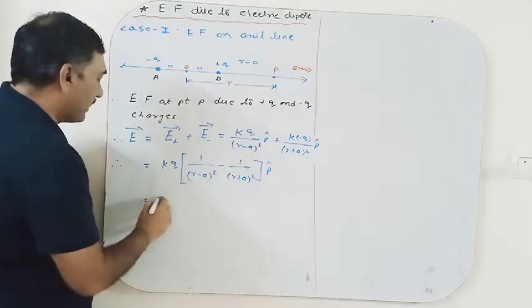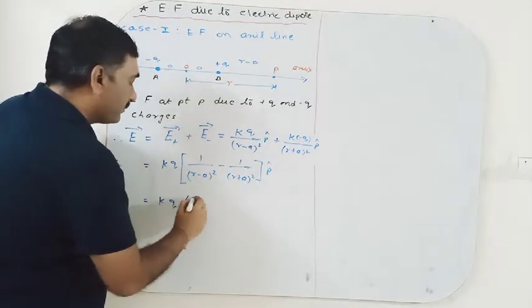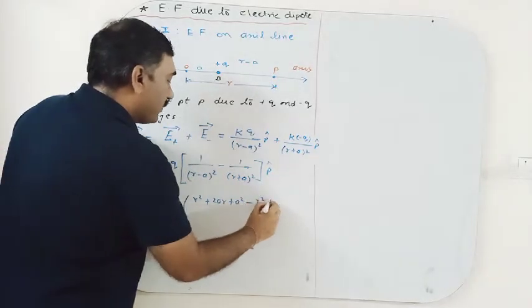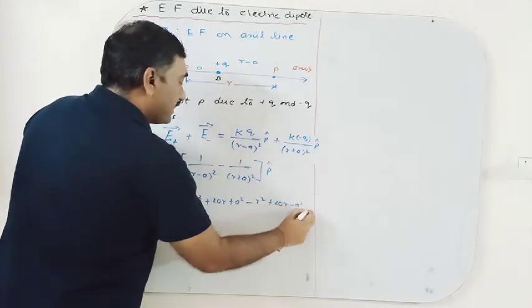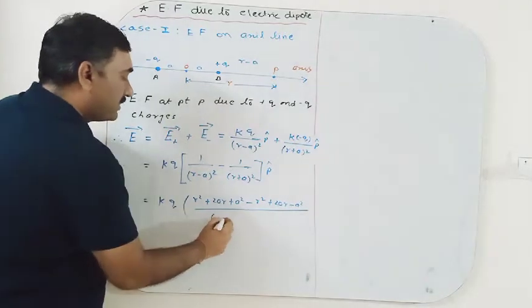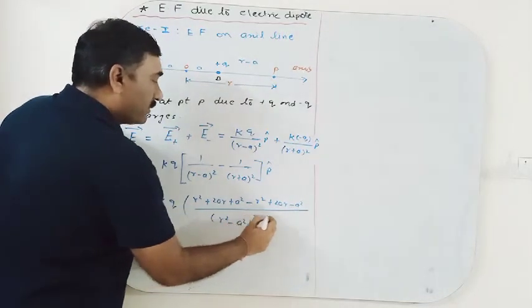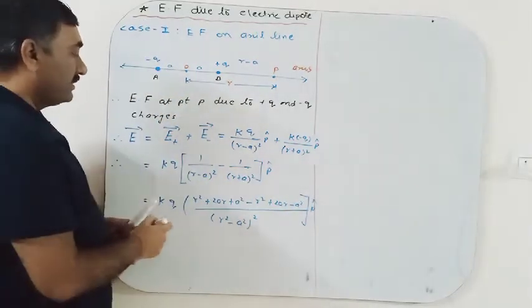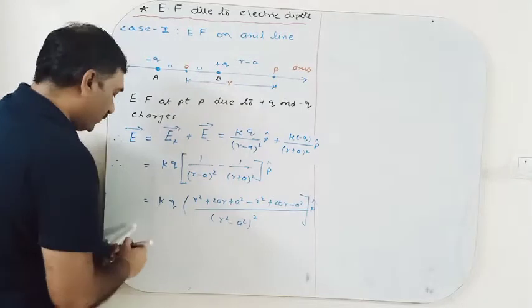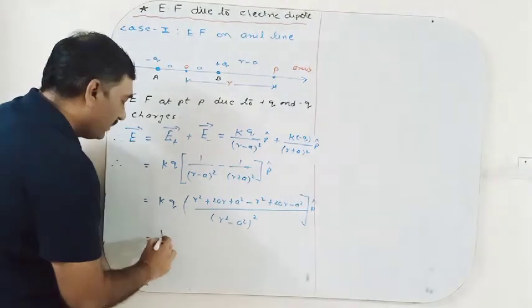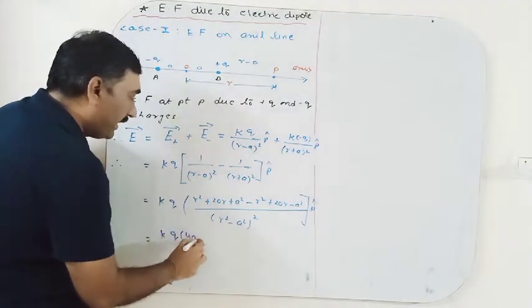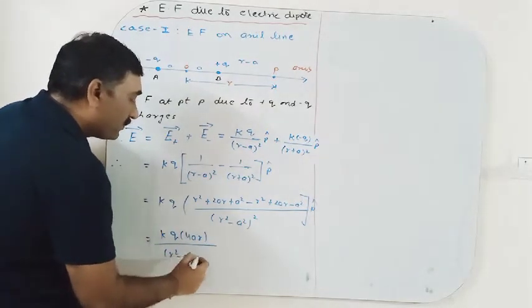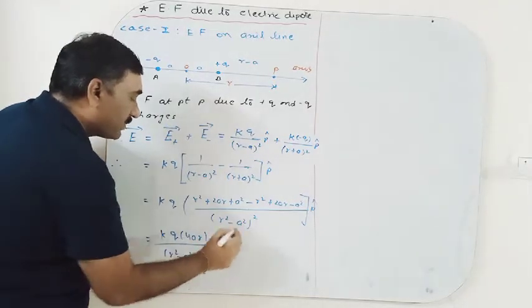Taking the LCM, we write kq times r square plus 2ar plus a square minus r square plus 2ar minus a square, and in the denominator r square minus a square whole square, in the direction of p caret. On simplifying, r square and a square cancel, so we get kq into 4ar upon r square minus a square whole square, in the direction of p caret.